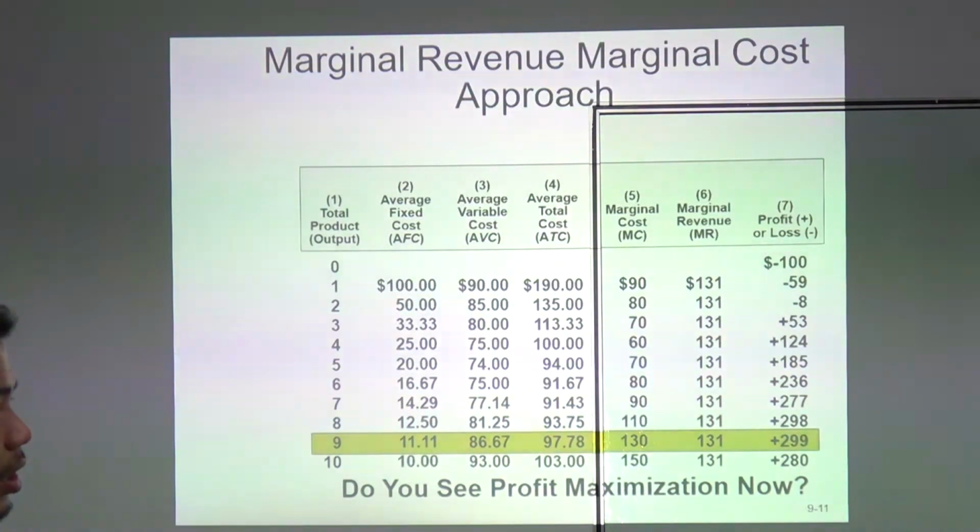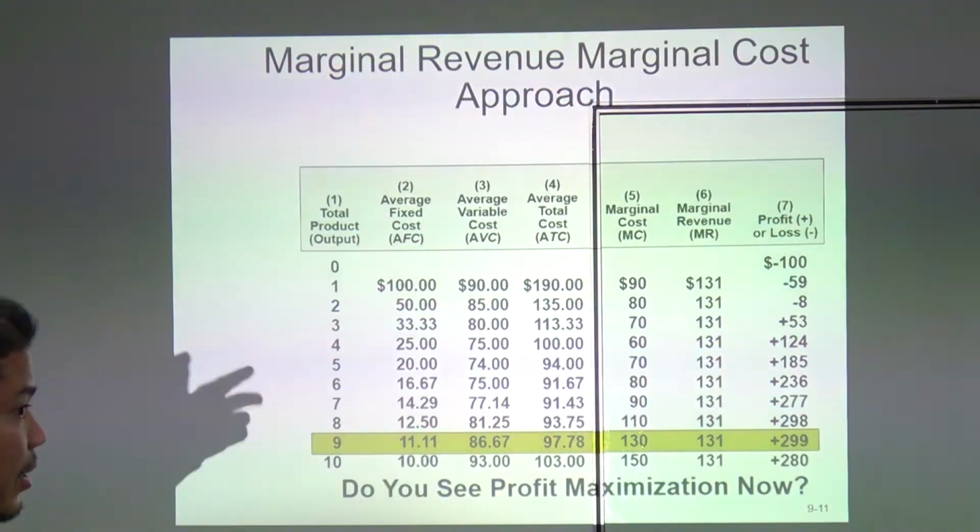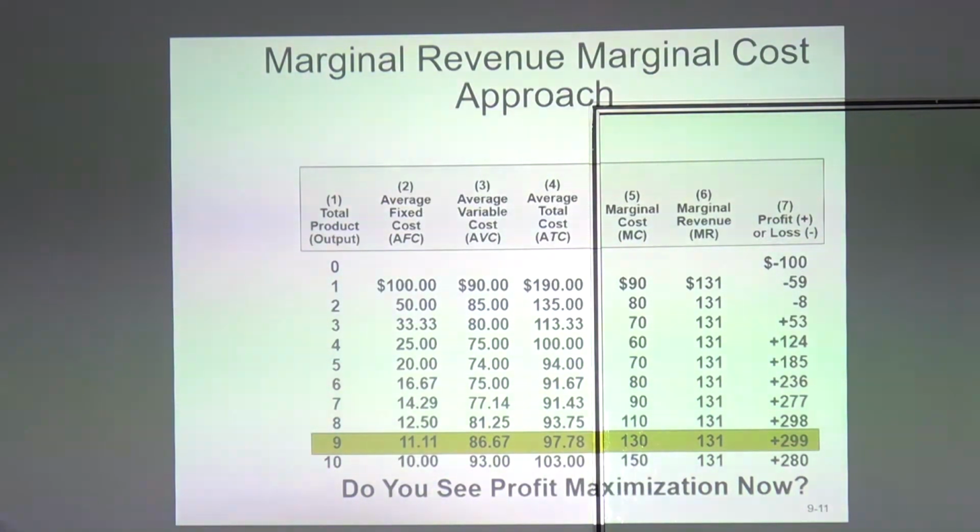For example, if we want to produce the first unit of output, the marginal cost will be $90. If we produce the first unit of output, we need to incur $90 of additional cost. But when we sell that in the market, we are able to get 131. Remember our first topic in the cost, marginal analysis, comparing marginal benefit and marginal cost.